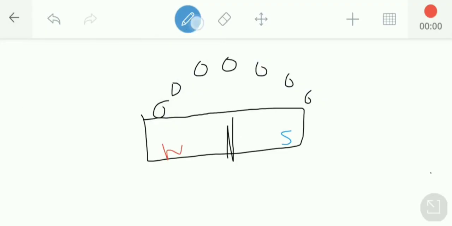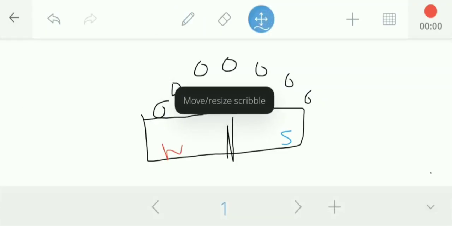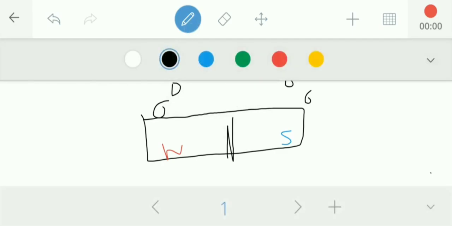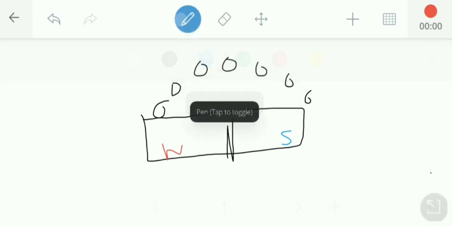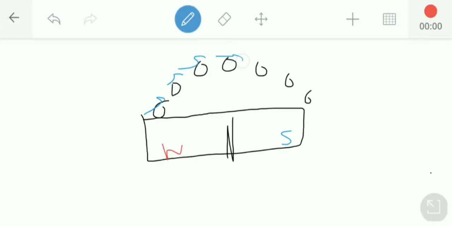Likewise, if we draw arrows like this, these arrows will move from north to south, and the same will repeat here. So we can understand how a bar magnet shows its magnetism.